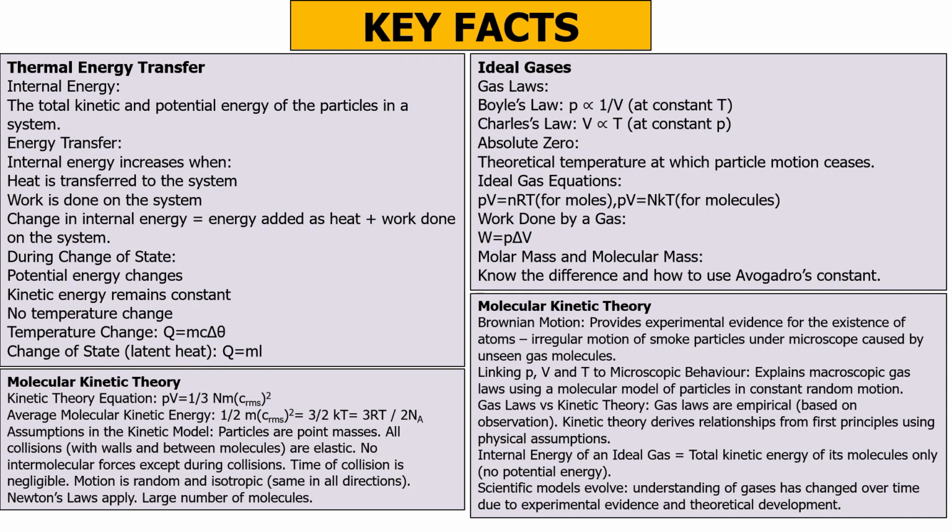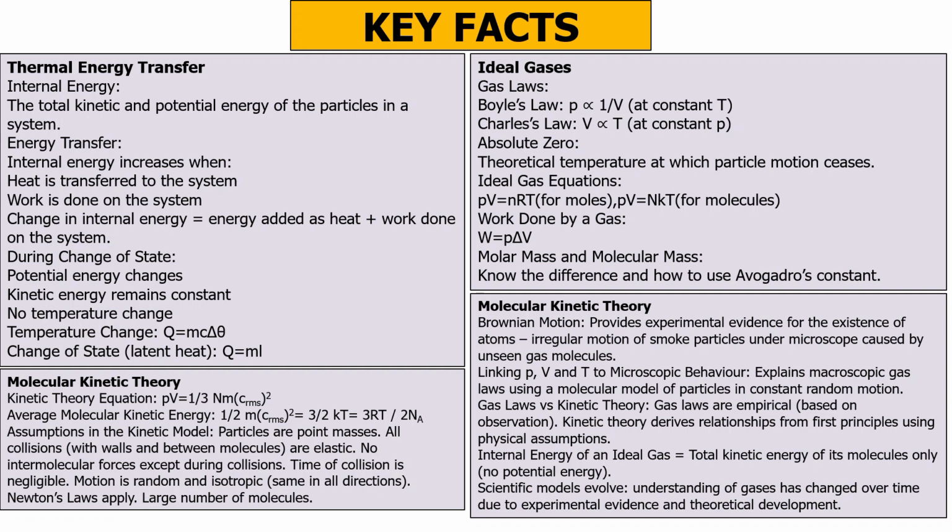Now in terms of molecular kinetic theory, Brownian motion provides experimental evidence for the existence of atoms, the irregular motion of smoke particles under a microscope caused by unseen gas molecules. You must be able to link p, V and T to microscopic behaviour, so it explains macroscopic gas laws using a molecular model of particles in constant random motion.